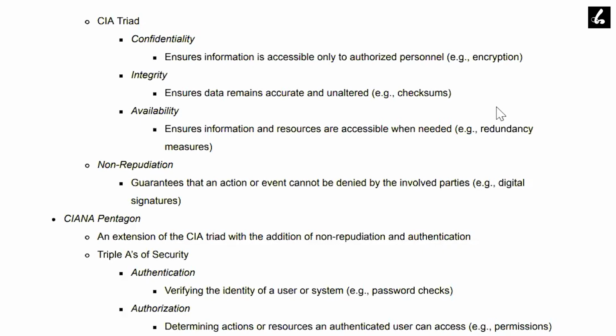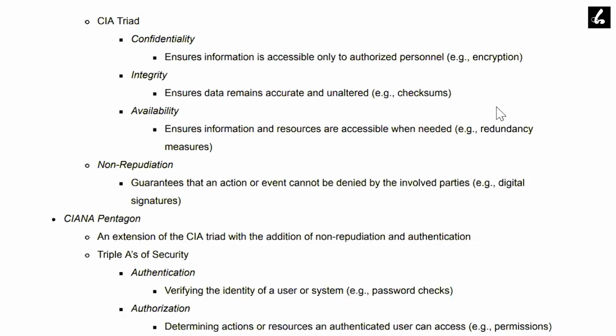Then we have non-repudiation. Do you have an idea what non-repudiation is? No, this is the first time I'm seeing it. Non-repudiation is a very important term. It is a measure that if you do something wrong after implementing non-repudiation, you can't deny that you have done it.